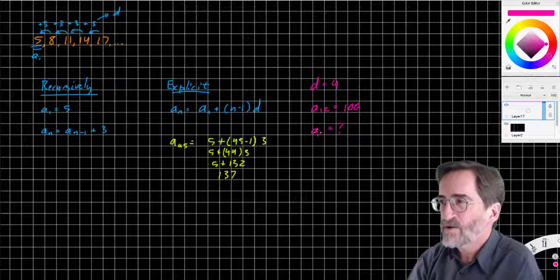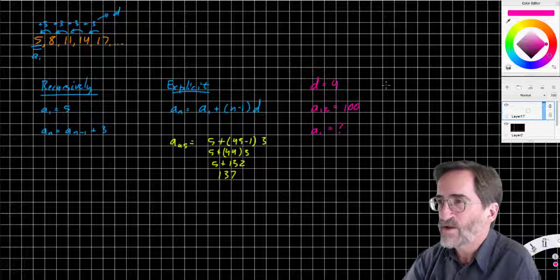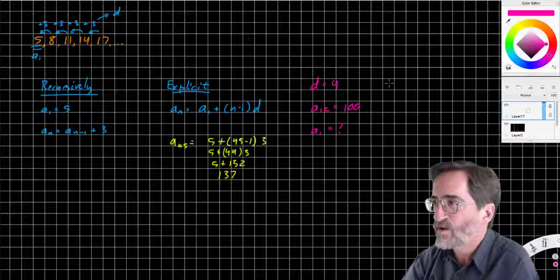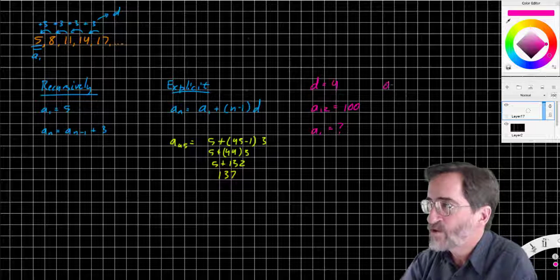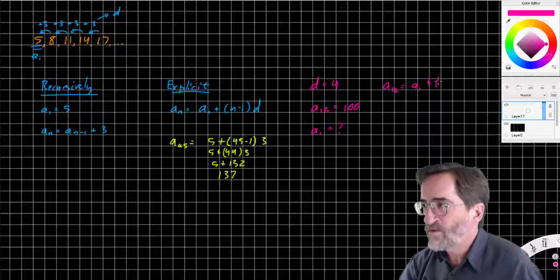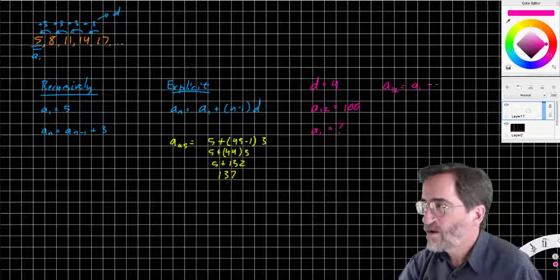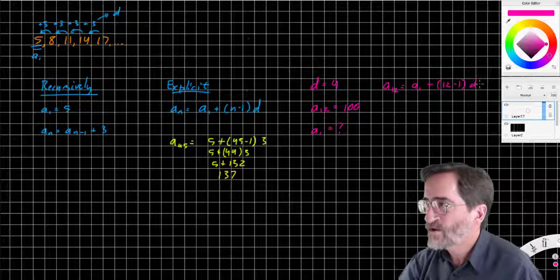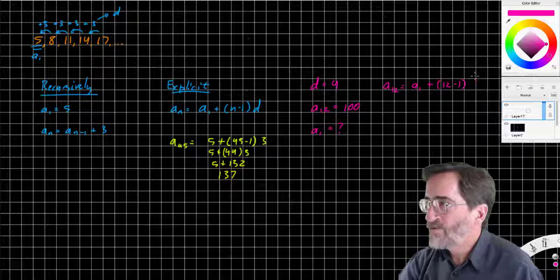Well, we can do this a number of ways, but here's a simple way using the formula. Using the explicit formula, the 12th term is the first term plus n minus 1, which is 12 minus 1, times the common difference. Let's fill in what we know. We know the common difference is 4.